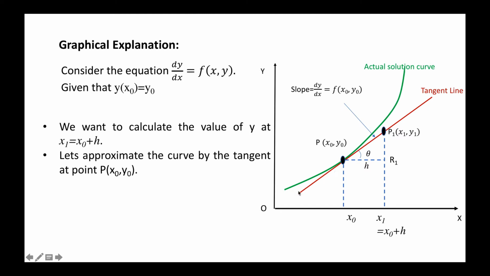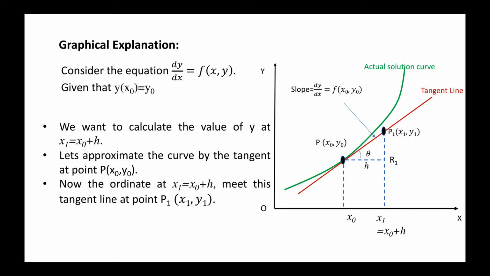If we draw a tangent at this point P, represented by this red line, it touches at the point P, so it's a tangent at the point P, x0 and y0. Now the ordinate at x1, ordinate meaning the y value, where x1 is x0 plus h, meets the tangent line at point P1.